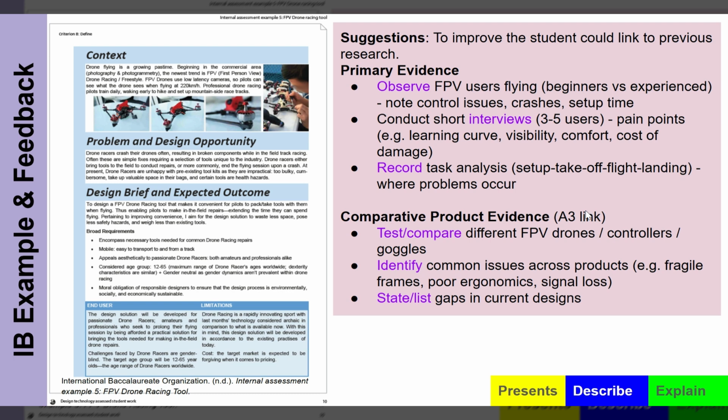So this could have linked in with their criterion A3. Test and compare different FPV drones, controllers, and goggles. Identify common issues across the product, so any fragile frame, poor ergonomics, signal loss, and then state or list gaps in the current design.